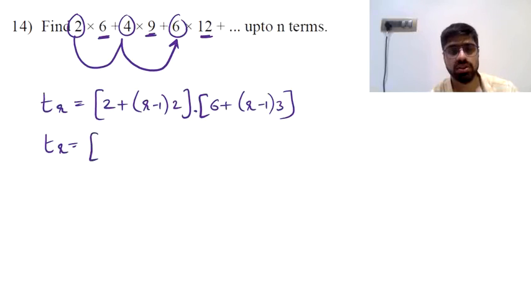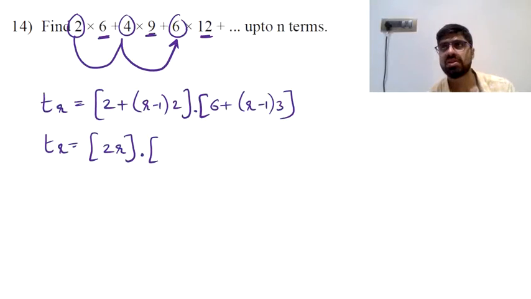So the rth term is, if we expand this, 2 plus 2r minus 2, which makes it simply 2r, multiplied by 6 plus 3r minus 3. So that is going to be 3r plus 3. And yeah, that's how we can write the rth term.